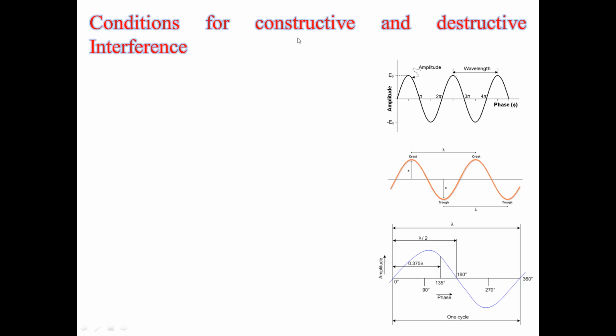Now let us see the conditions for constructive and destructive interference. The phase values of a wave can be represented as shown here. A phase difference of 2 pi corresponds to points which are in phase, and a phase difference of pi corresponds to points which are out of phase.